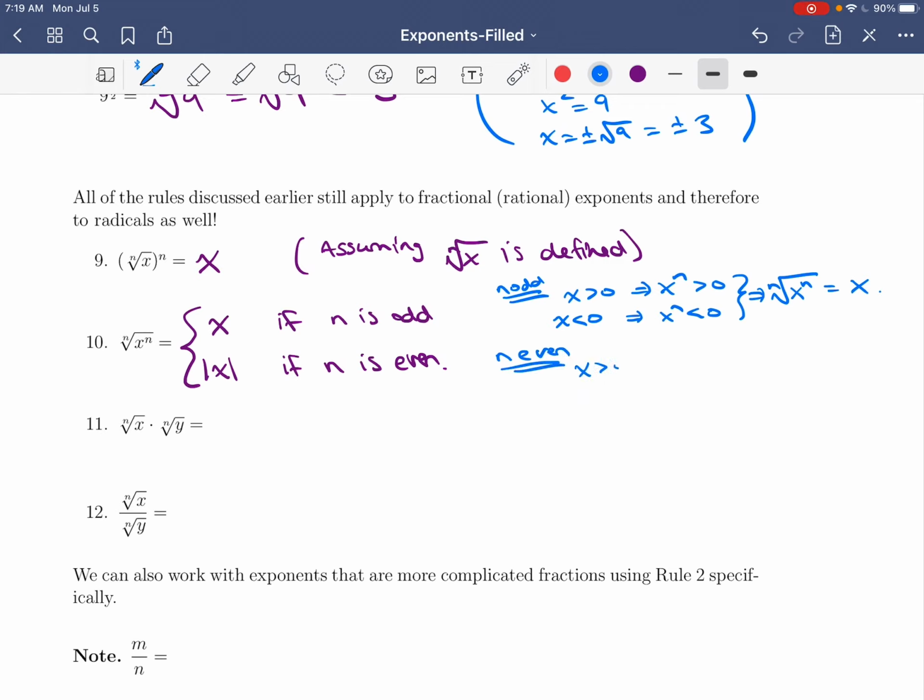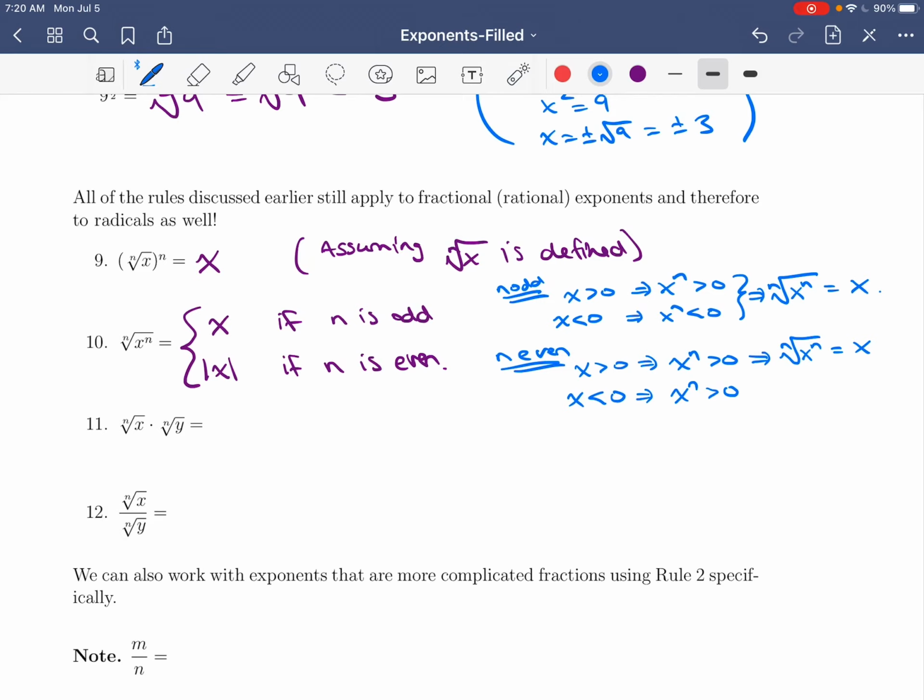But the problem comes in when n is even, because if x is bigger than 0, x to the n is still bigger than 0, and the nth root of x to the n is going to be just x, because I'm going to get the positive answer, and x is positive. But when x is less than 0, then x to the n is bigger than 0 because n is even here.